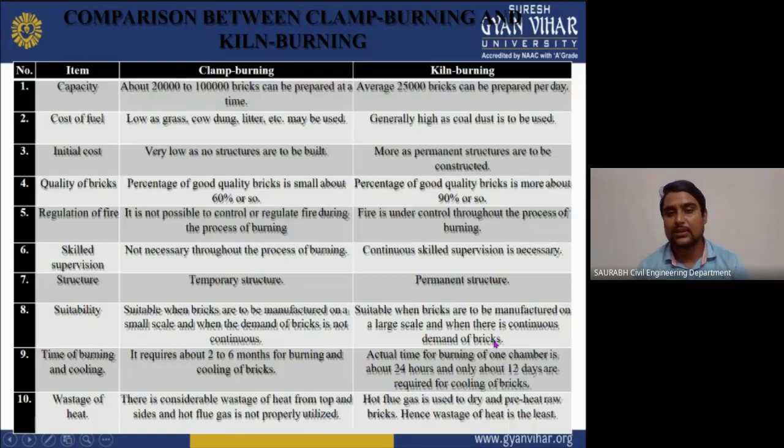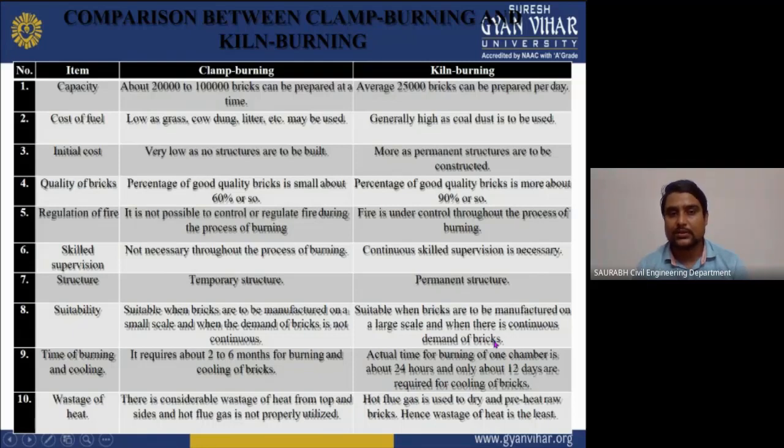We can do the work by making a temporary structure. In clamp burning there is no requirement of a skilled person, but in kiln burning you have to make a permanent structure, and there is also a requirement of very skilled labor and very skilled supervision.